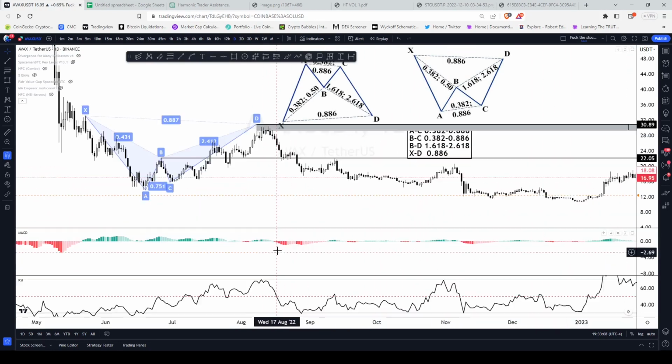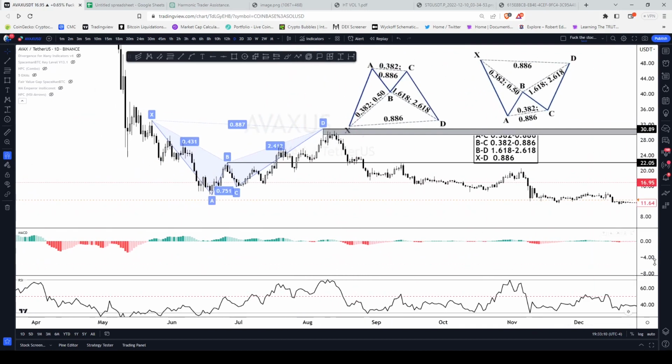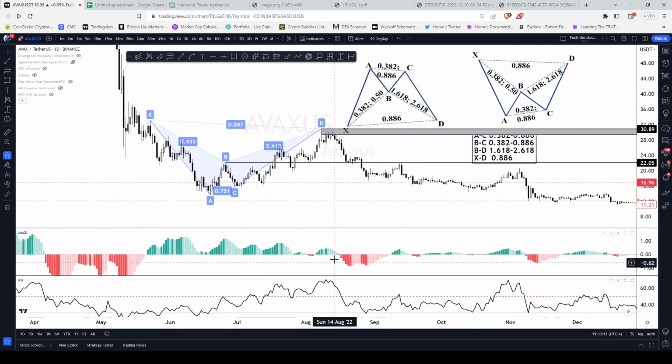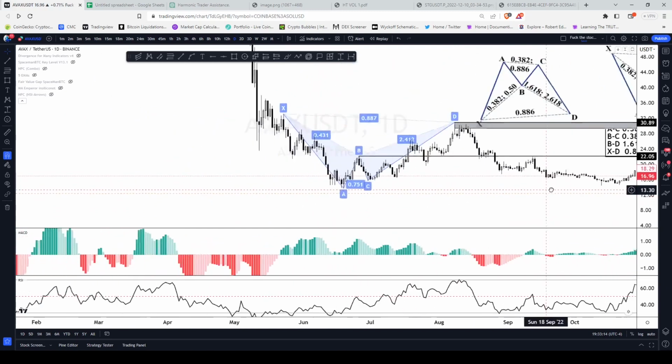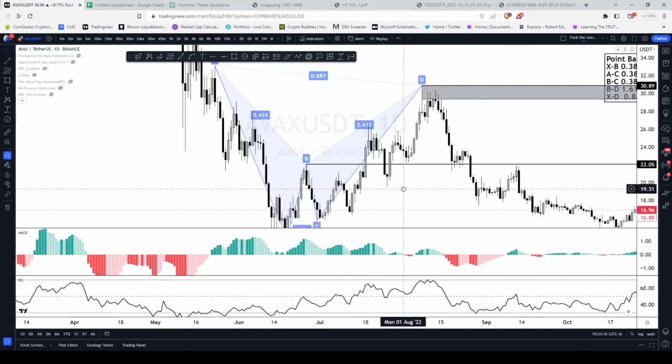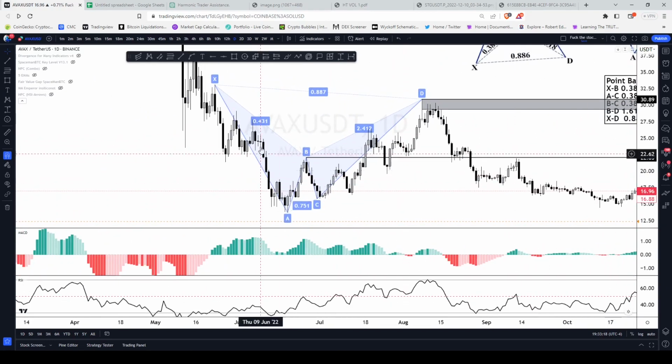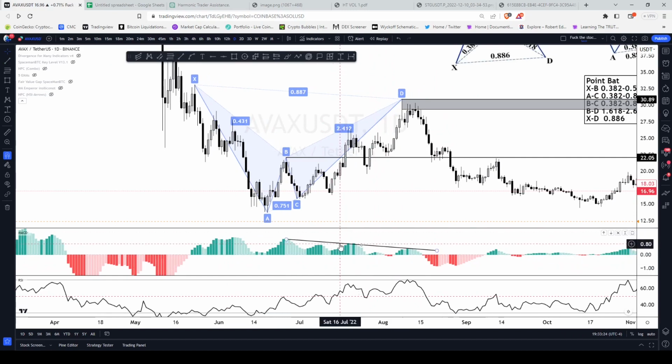Then you also check your divergences. You can actually see when you finish at your D point over here that you did have some bearish divergence start coming down. Let me show you on price too.